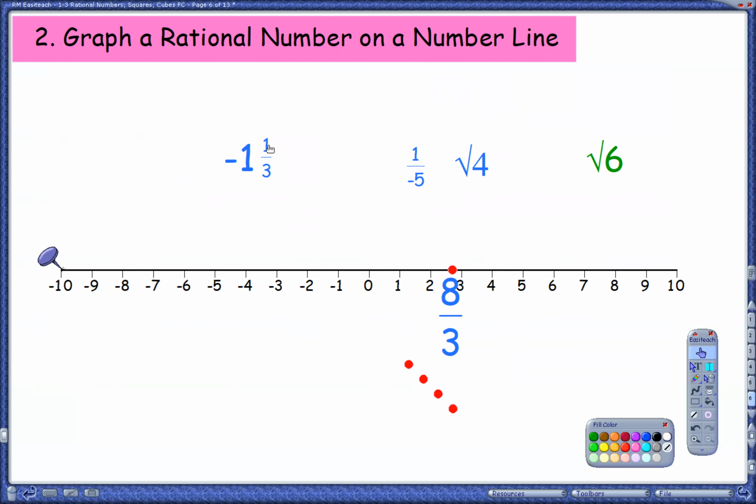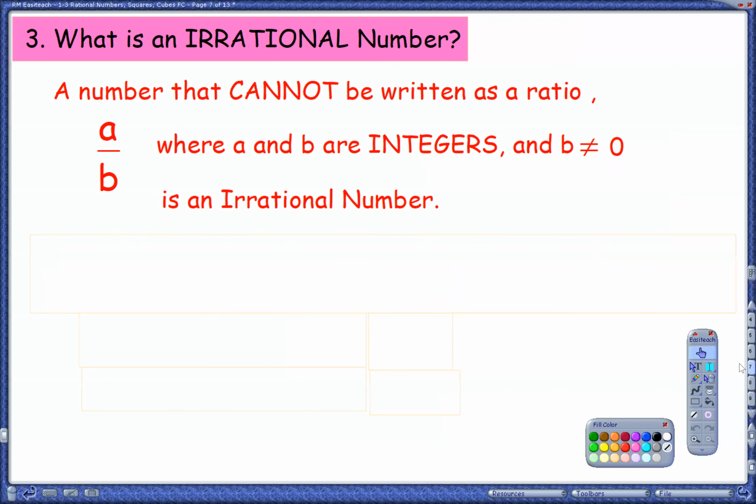Negative 1 and 1/3 is over here, and you're going to mark it and so on. You should be fairly good at this. I'm not spending time here. But remember that radical 4 is 2, and we're only looking at the positive square root. So you can do that. I know you're honors kids.